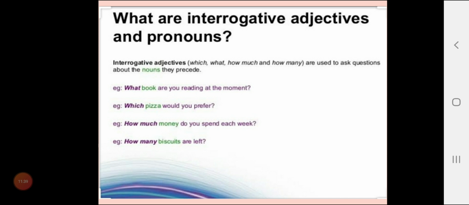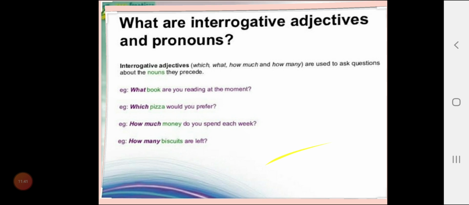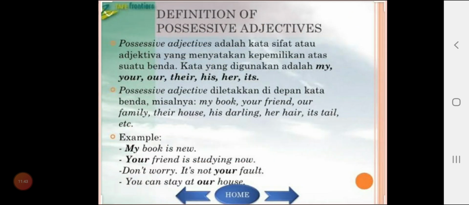Next, possessive adjectives. Possessive adjectives are used when you have to show possession of anything, like this is your hat, my book is new. This sentence is showing that the book is mine, वो मेरी book है. तो word my is showing possession or ownership of you.